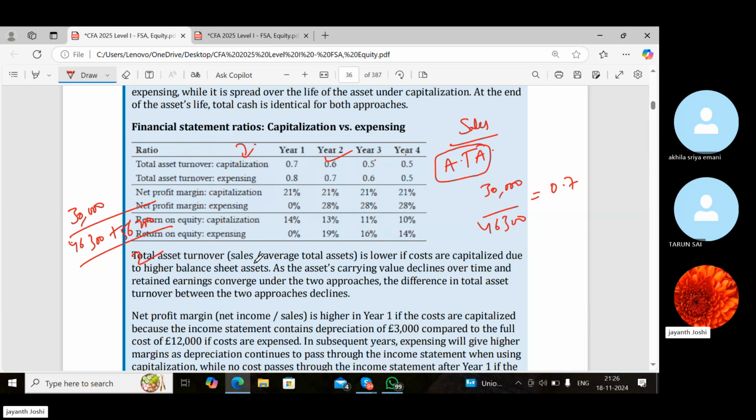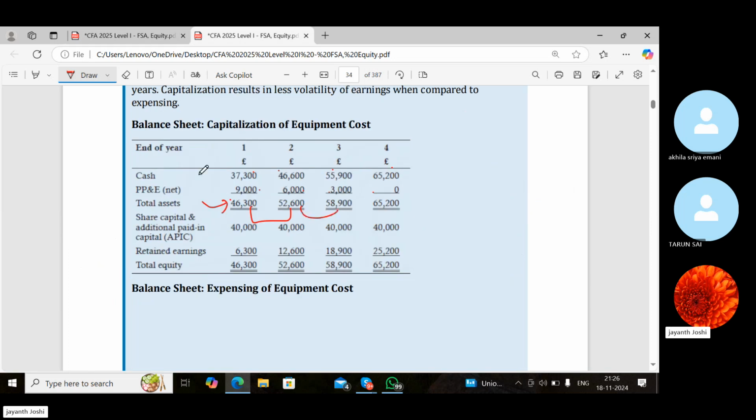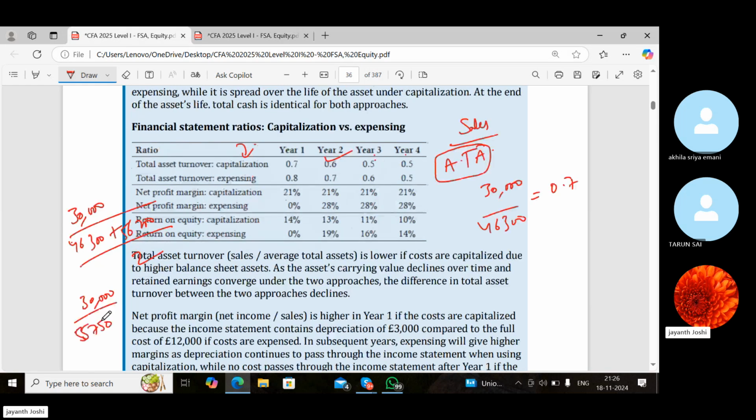So see, total assets turnover, okay, we will do it for the third year also. Again 30,000, we have 56,200 and 58,900, so the average is 55,750 for the third year. So 0.53, it is almost 0.5.